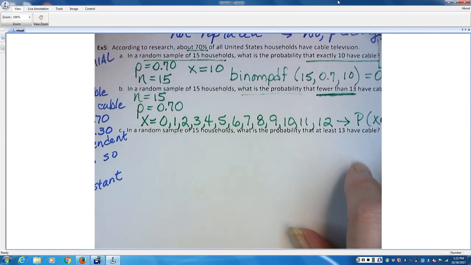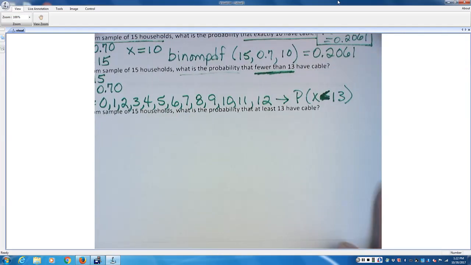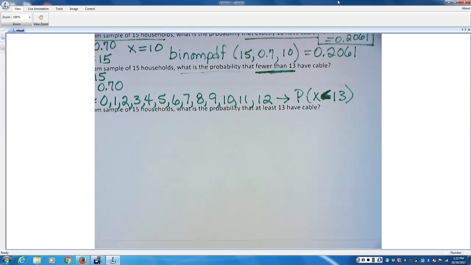Now here's the problem. If we're going to do this problem, we have to calculate the probability that X equals 0, plus the probability that X equals 1, plus 2, plus 3, plus 4, plus 5, plus 6, plus 7, plus 8, plus 9, plus 10, plus 11, plus the probability that X equals 12.